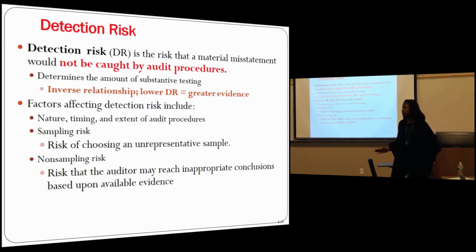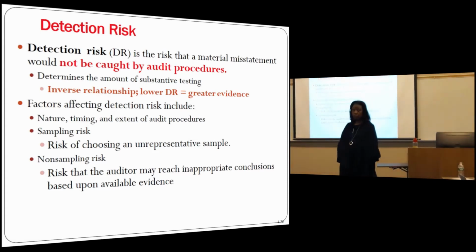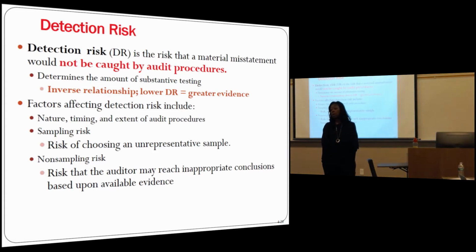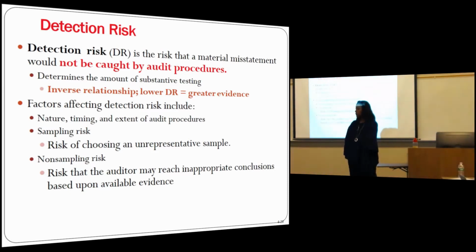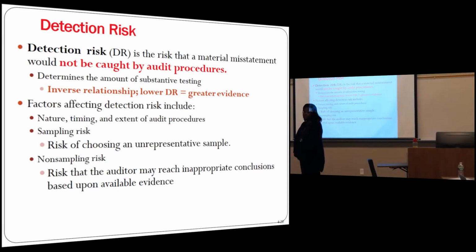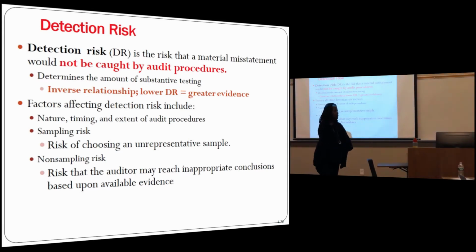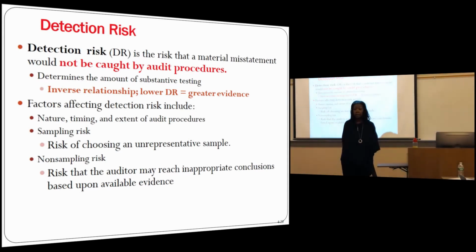It's pretty stable, right? There's no significant fluctuations in repairs and maintenance. Then the auditor might decide, not that they're not going to look at repairs and maintenance, but that they'll perform analytical procedures, right? They'll just look at changes in repairs and maintenance from year 1 to year 2, look at repairs and maintenance as a percentage of the cost of the fixed assets, and say, okay, this is reasonable.